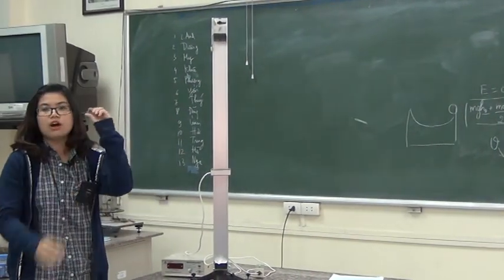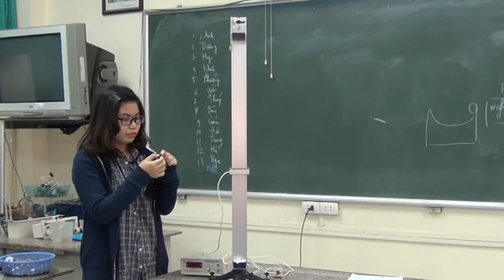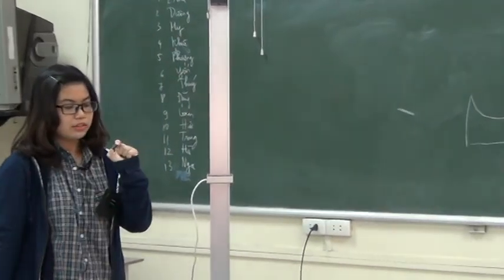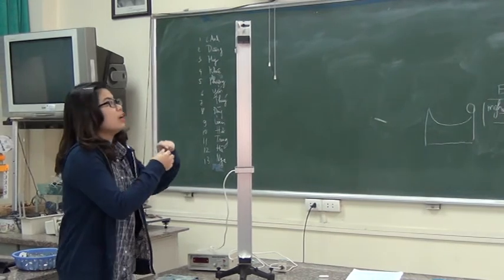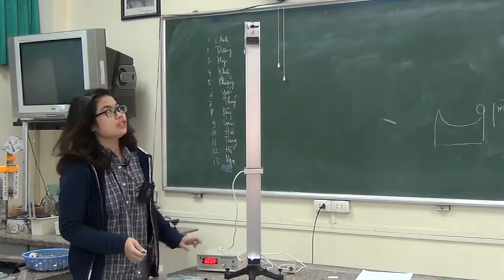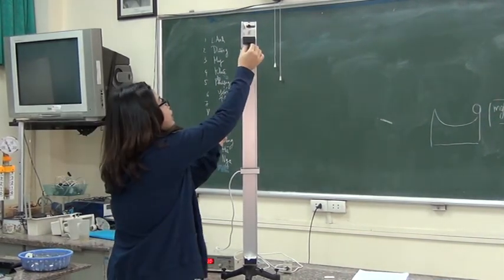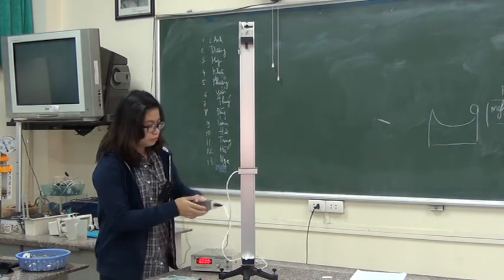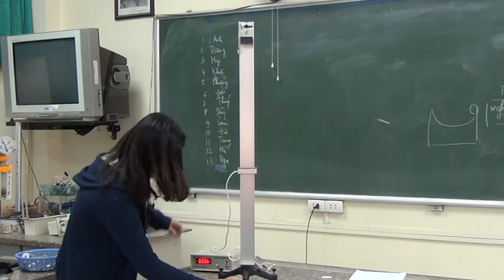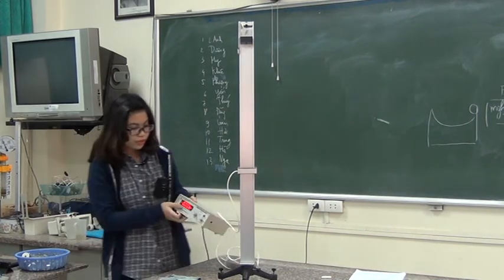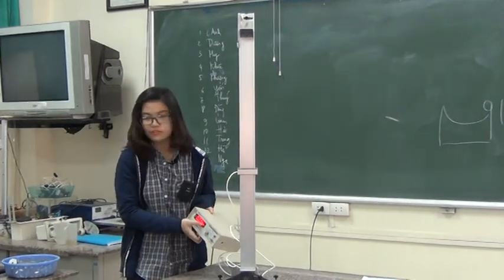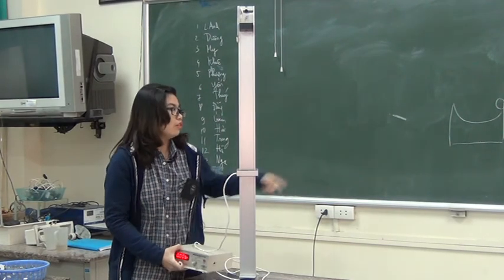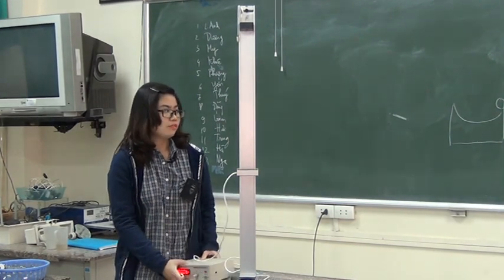This is our object, and you can use the ruler to measure that its length is equal to 2 centimeters. Turn on the digital timer and attach it here. Push the button. You can see that the result is 0.006 seconds. So the law of conservation is verified.